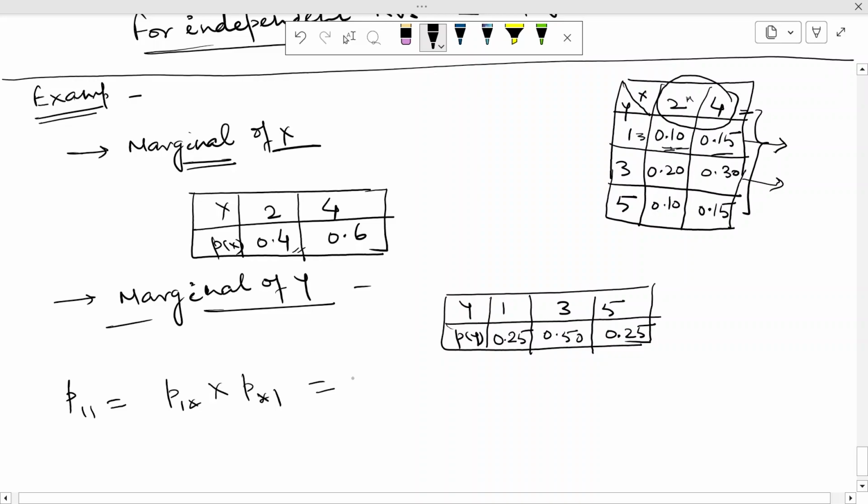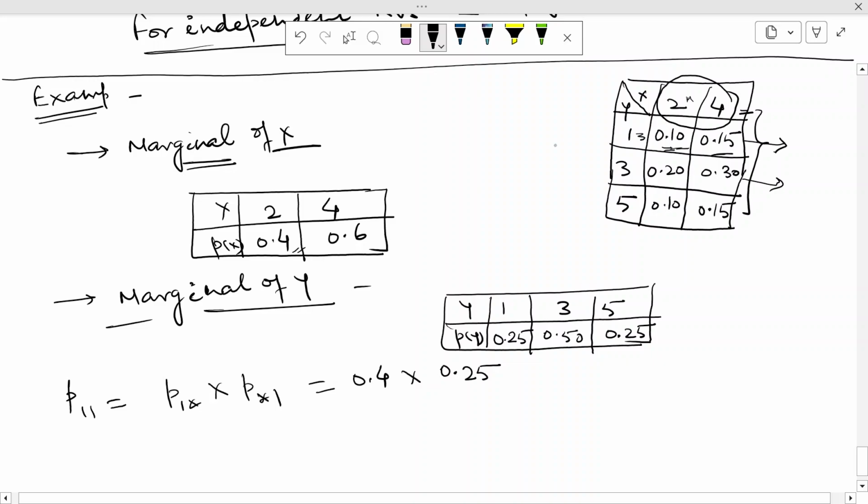So this is 0.4 multiplied by 0.25. Okay, so this is for the first values.